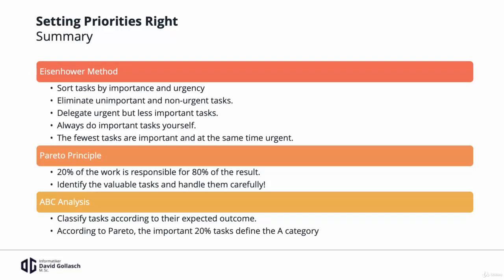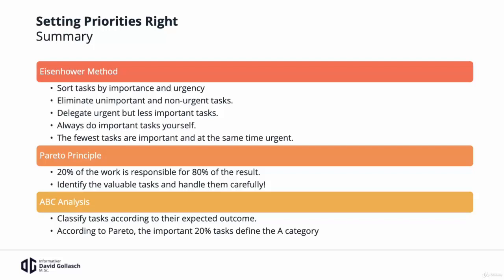Now the Pareto principle, that's a phenomenon that you can find in almost any area of life. So where you find the distribution that 80% of the result of something is only contributed by 20% of the effort you're putting in. So for example, the time effort or money effort or something like that.